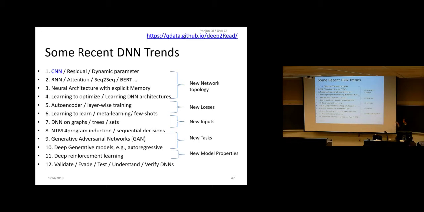We either propose a new network topology, new type of architecture, or new losses, or new types to be able to handle new types of inputs, or they work on new tasks, not just the classification and regression we covered. It can also be reinforcement learning, which is a very dominating task, or the unsupervised task we did not cover, which is like sample generation.